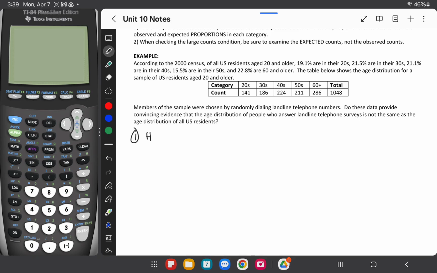So in our null hypothesis, we're going to say that the distribution of those who answer their landlines is the same as the distribution according to the U.S. Census.